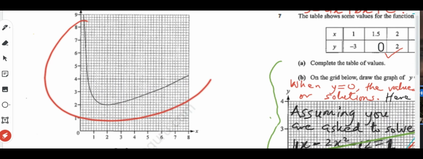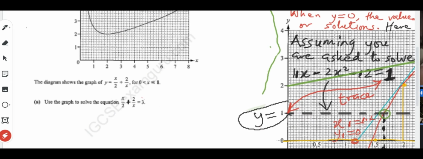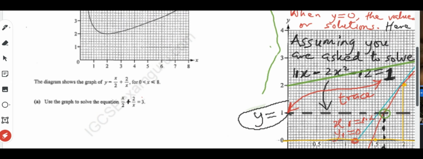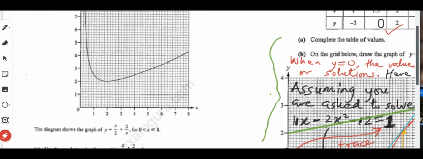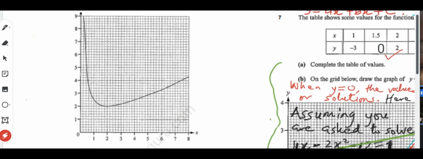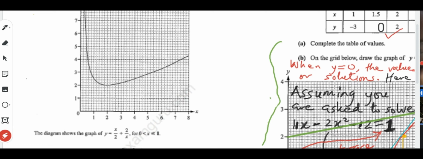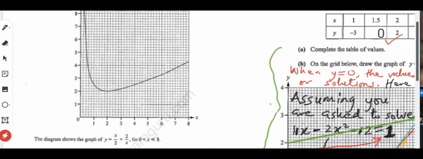This is the graph, and these are the questions. Can you read it out? You may need to zoom in to see it properly. And of course, it's going to form an asymptote because once you start having something over x, maybe you may not, but let's see.